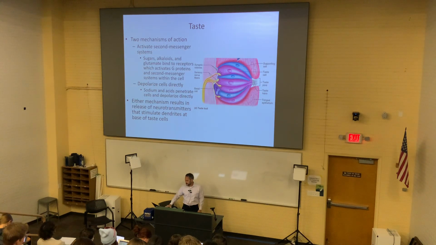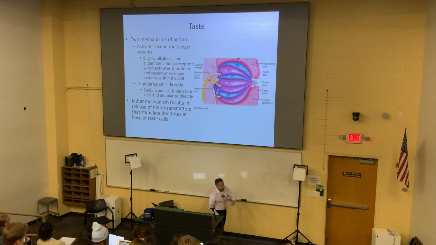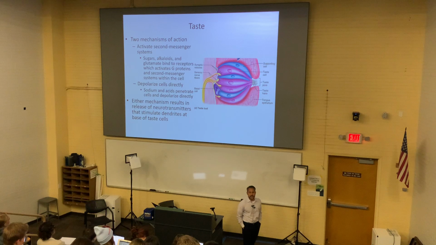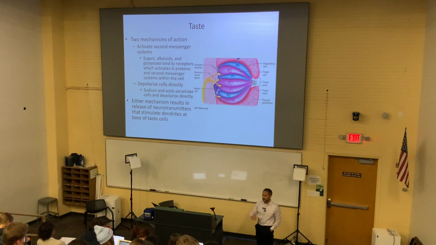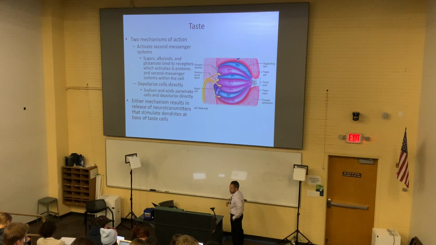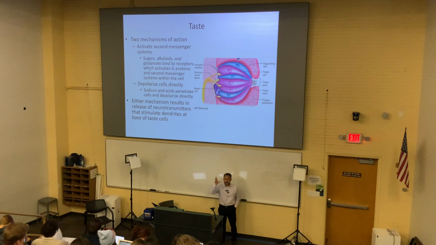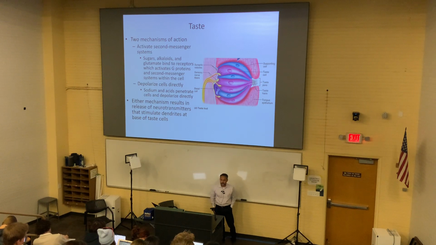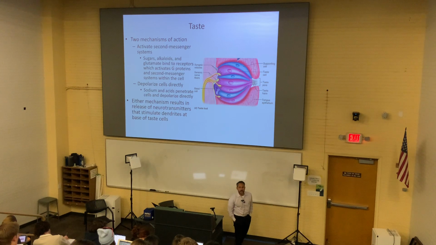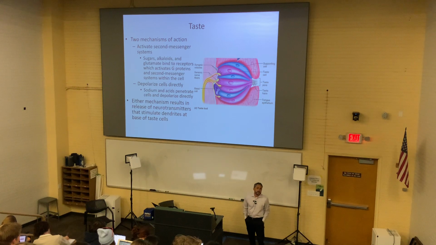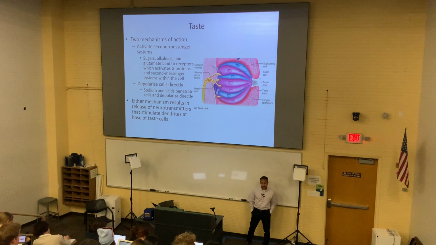Okay, so let's talk physiologically or mechanistically about taste, and then we're going to quickly move into olfaction, or the sense of smell, because they're intimately tied. And I'll give a couple examples of that. So we've got two mechanistic processes of action that can take place here. You've seen this motif before, when we looked at neurotransmitters, right?